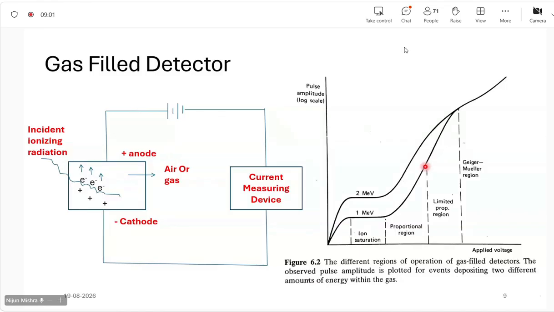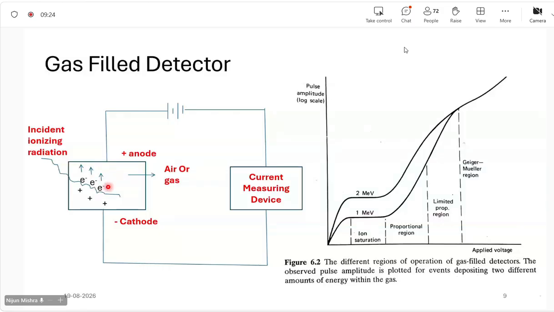Then if we increase the voltage further, the Geiger-Muller region comes, where avalanche production is there. It means these electrons can ionize as well as excite the gas molecules, and during de-excitation of the gas molecules, they release some UV photons, and those photons again contribute to the formation of further avalanche.